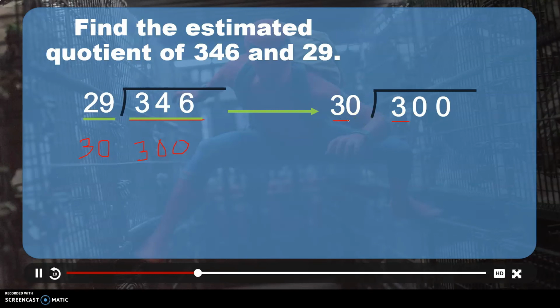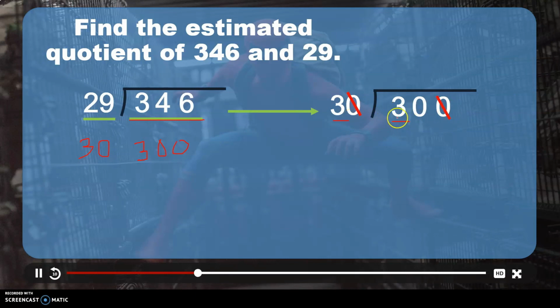Yes, so let's divide. But before we divide, as you can see, our given numbers are multiples of 10 and 100. So, we can apply the steps in dividing numbers by multiples of 10, 100, and 1000. So, let's cancel one 0 from our divisor, then one 0 from our dividend.